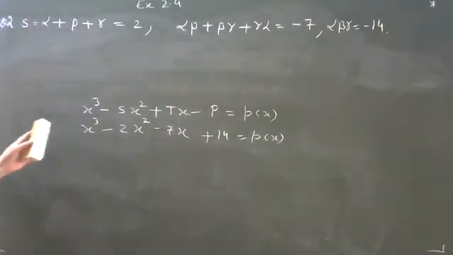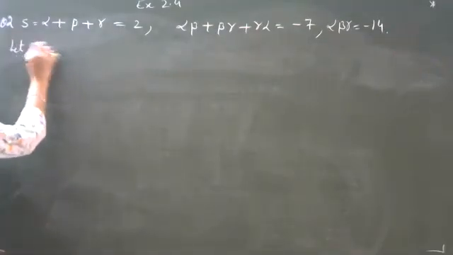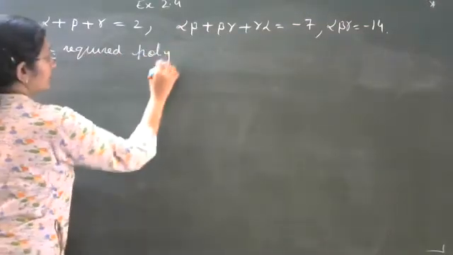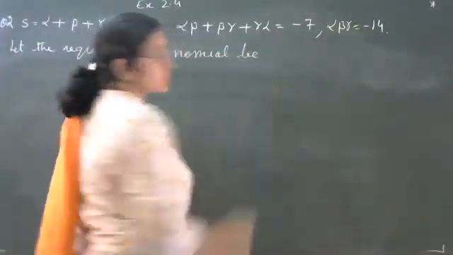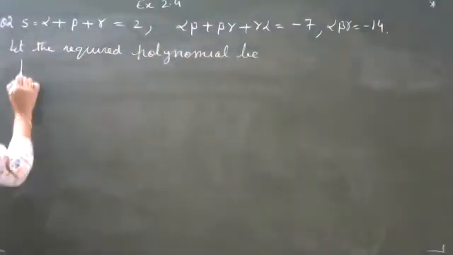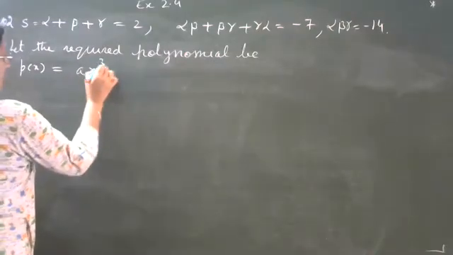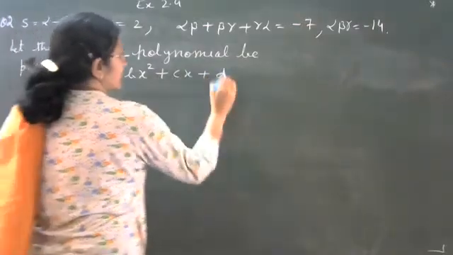क्लियर? शुड वी स्टार्ट द सॉल्यूशन नाउ? So here, let the required polynomial be px. उसको हमने ले लिया px के फॉर्म में. px is equal to कौन सी पॉलिनोमियल है? क्यूबिक. तो स्टैंडर्ड फॉर्म ऑफ क्यूबिक पॉलिनोमियल ax cube plus bx square plus cx plus d.